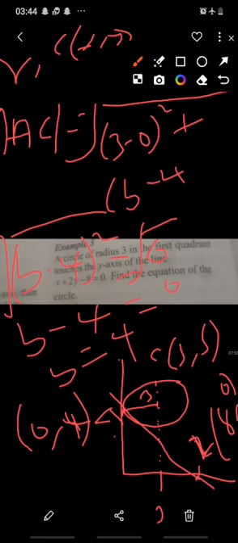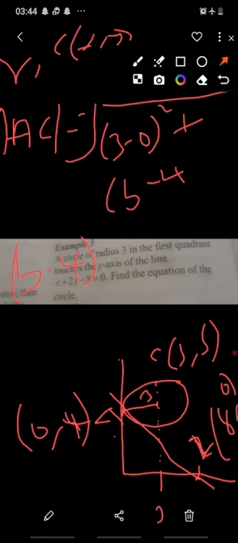Once we have b to be 4, the equation of the circle can now be written, because we know the coordinates of the center and also the radius.